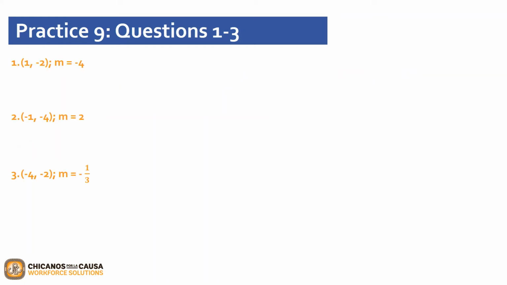Question 1. Our ordered pair is (1, -2), and our slope is -4. So we're going to plug this into our formula. We have y equals mx plus b. Now we're going to take the variables that we have been provided and plug them in.